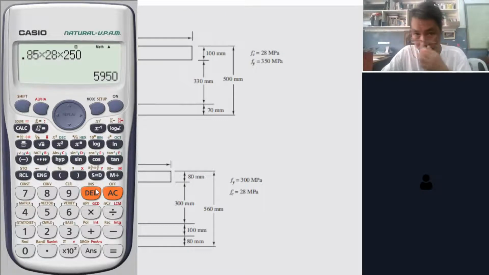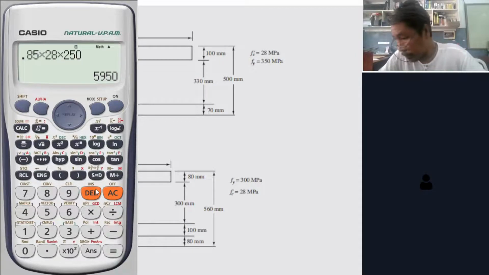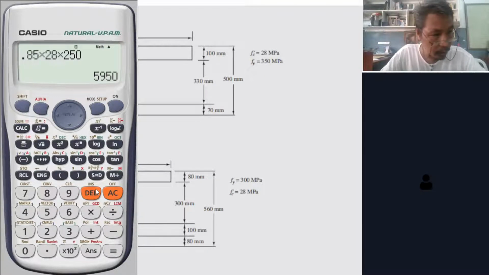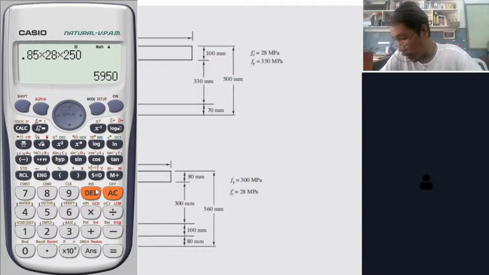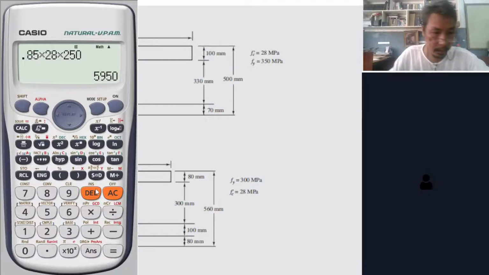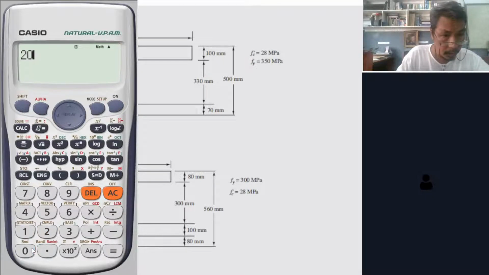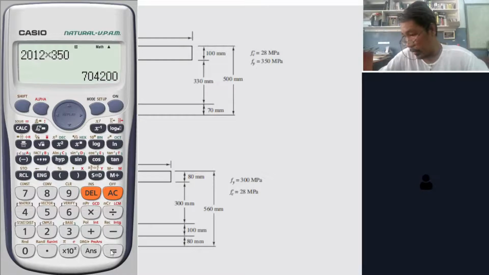Another step: let us find out AsFy. What is the given? The area is 2,012 and fy is 350. So 2,012 times 350 is about 704,000.